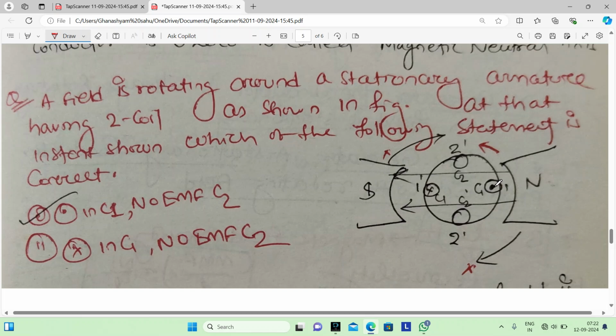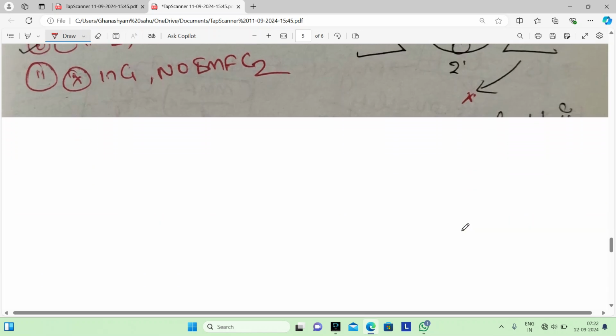That's why there is a dot in C1. If there is a dot in C1, then on the other side it will be a cross. So dot in C1, no EMF in C2, because it is placed on the magnetic neutral axis, MNA.